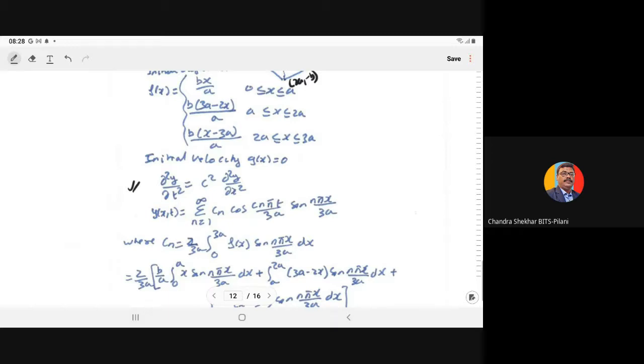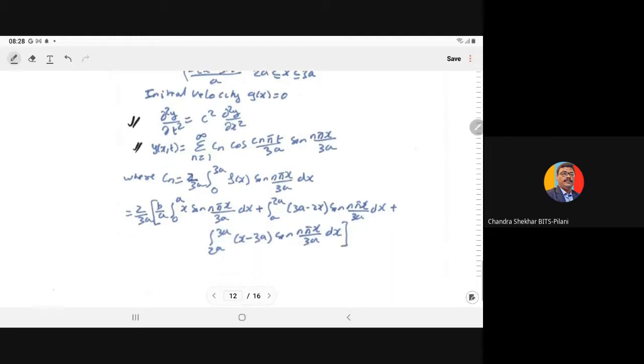And its general solution, we know, is y(x,t) equal to summation n equal to 1 to infinity cn cos of (n pi ct upon 3a) sin (n pi x upon 3a), where cn is equal to 2 upon 3a integral 0 to 3a f(x) sin (n pi x upon 3a) dx. In general, I have given you the formula in terms of L.